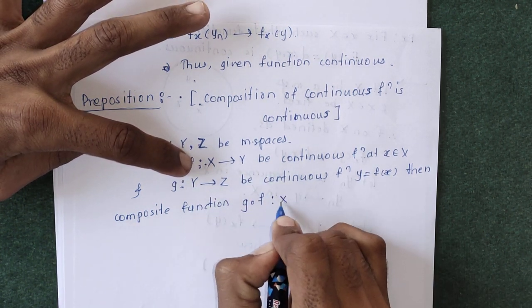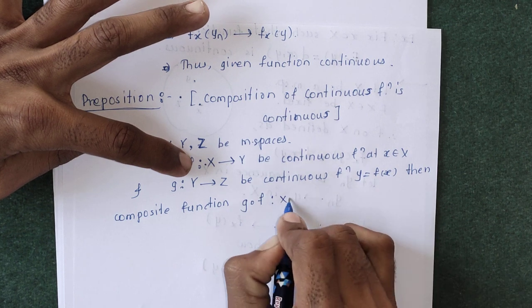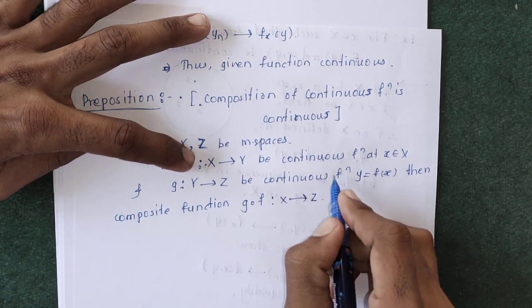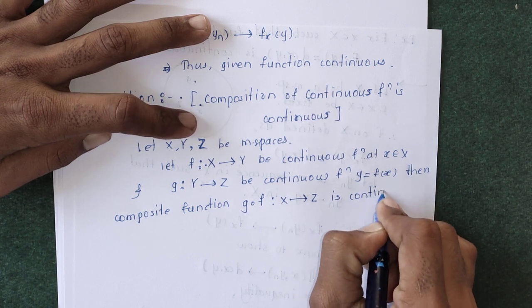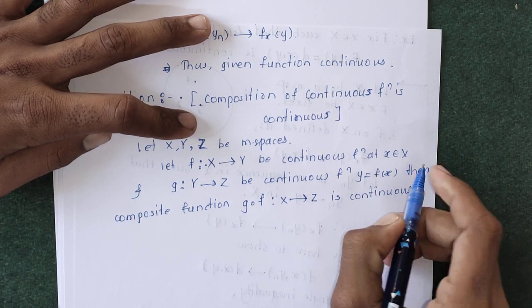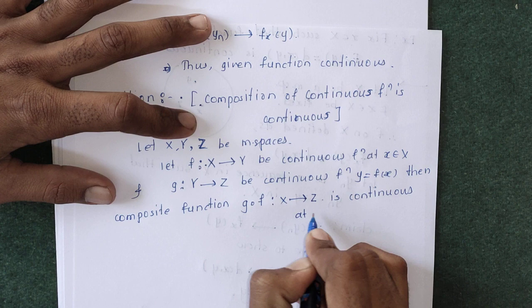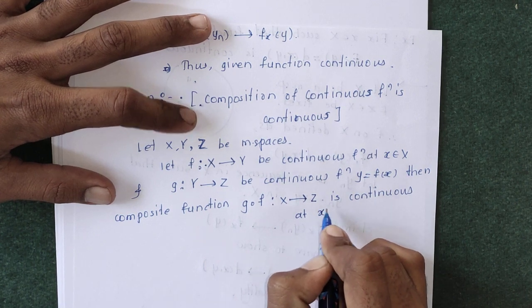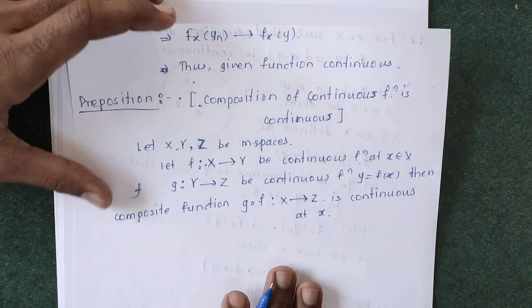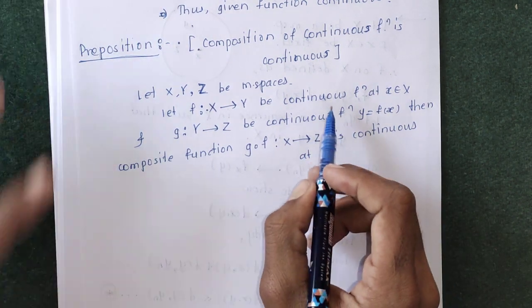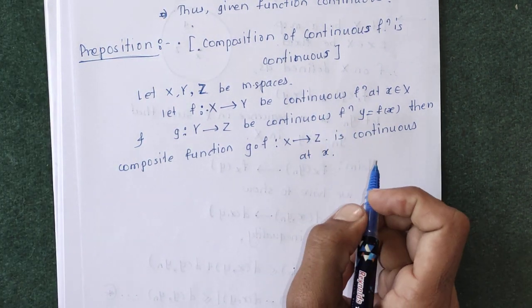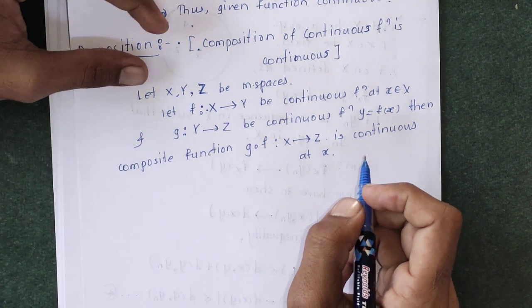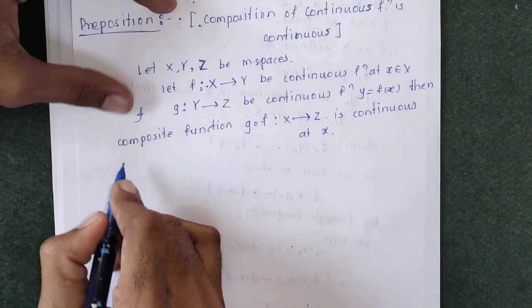So g composite f from x to z is also continuous at some x belonging to X. So the composition of two continuous functions is also continuous. This is the proposition. Now we will see some examples on this proposition.